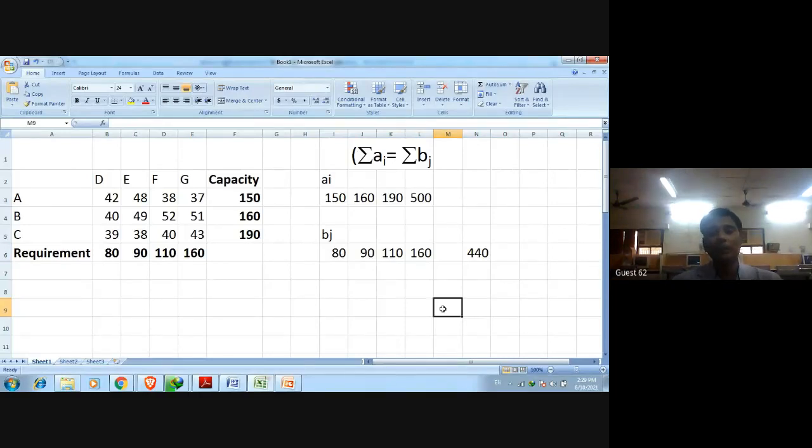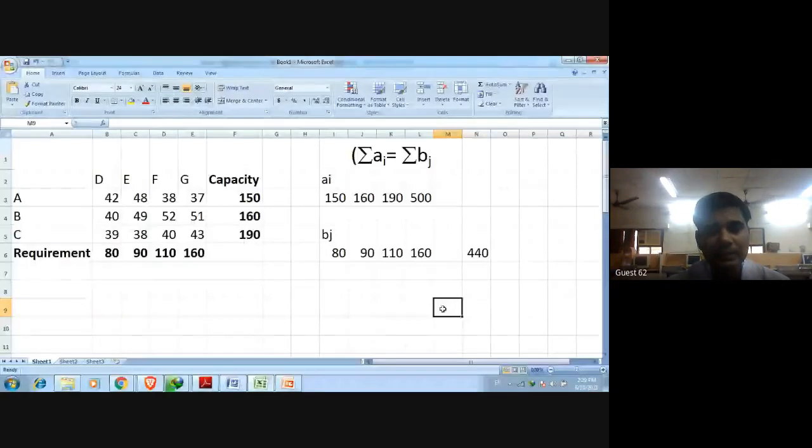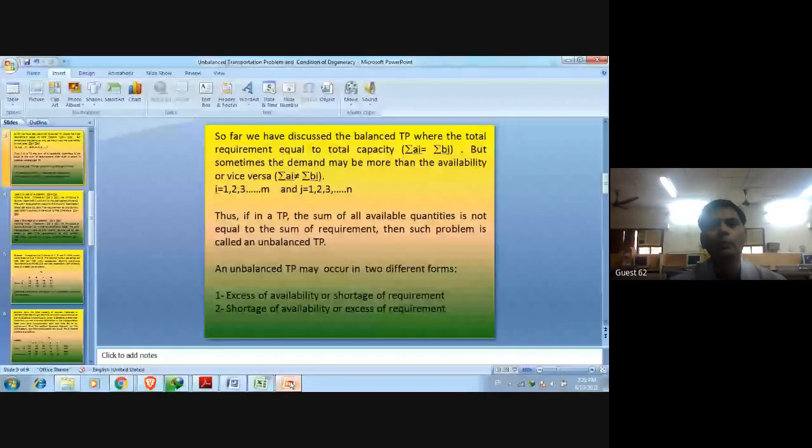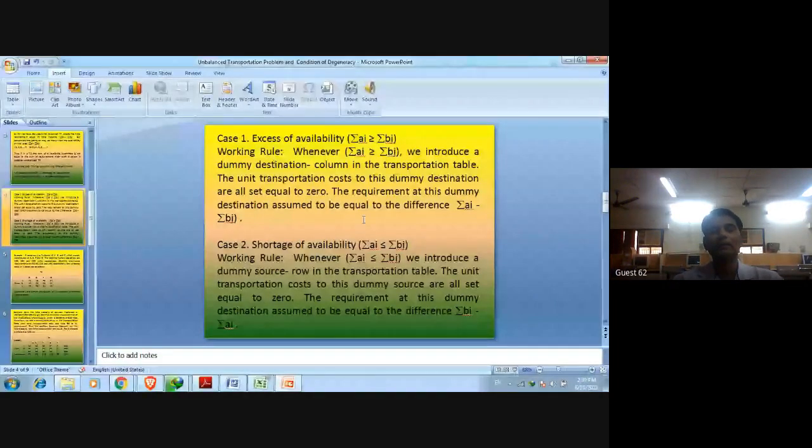When our supply is more than our demand, then go through the condition, that is case 1. Case 1, working rule. When your supply is in excess of your requirement, we will introduce a dummy destination column in the transportation table.